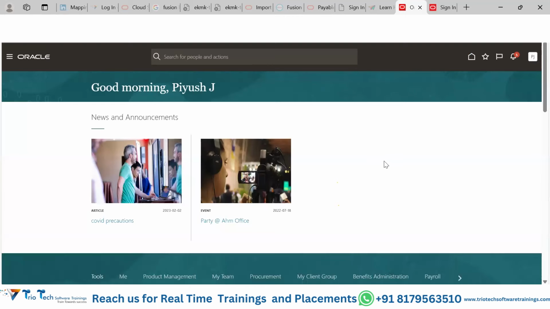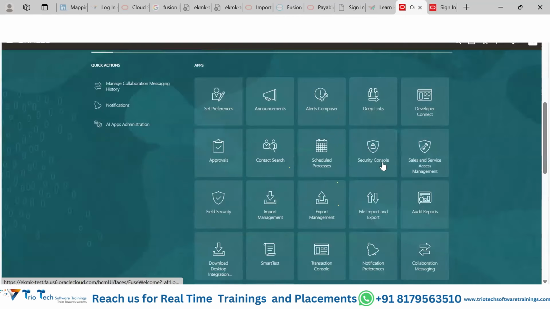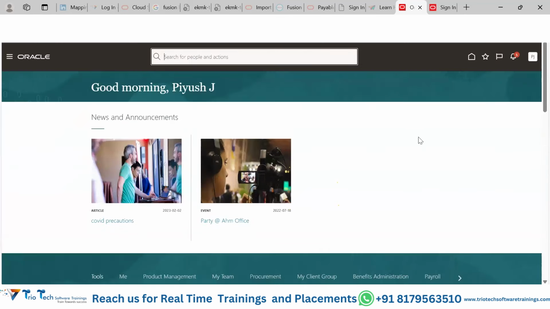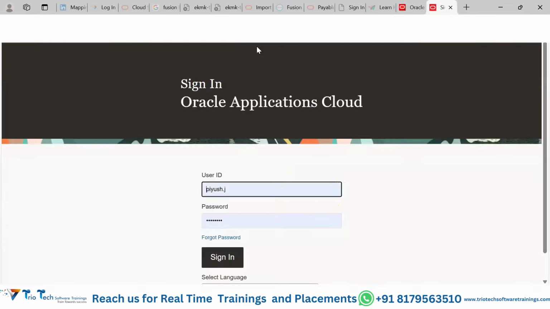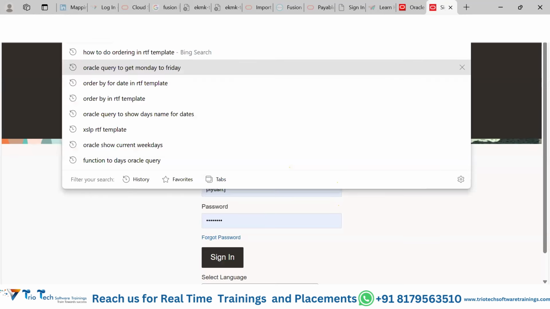All these screens, their architecture and screen access are similar: once you start using one screen, if you learn how to search for a person, you should be able to search for a supplier also. And how to access the backend application where we are going to build reports or write our queries. Okay, let me show that also.